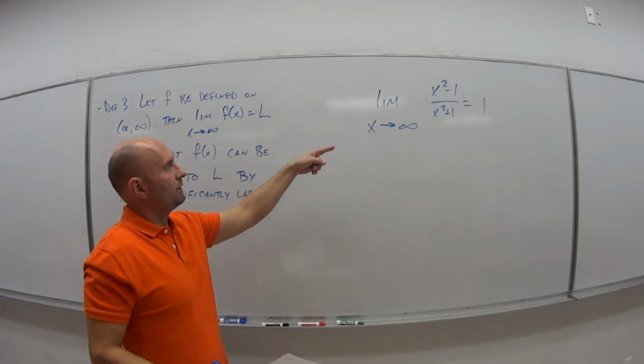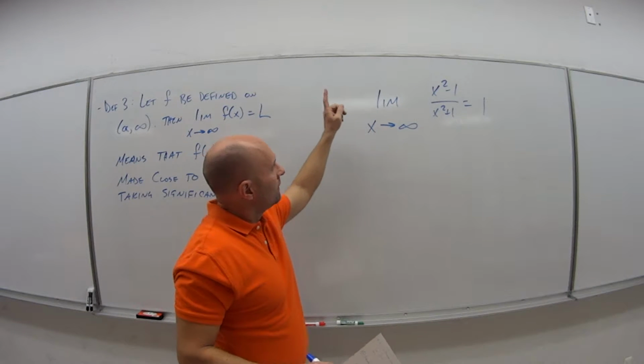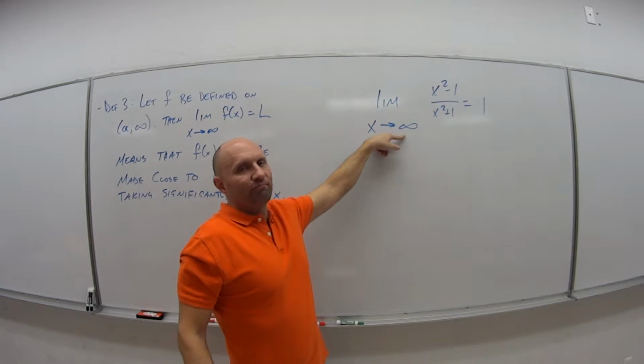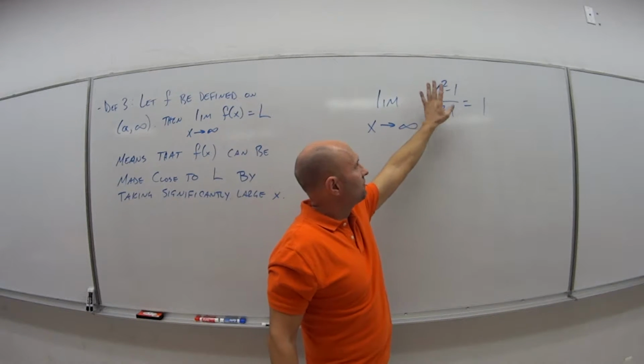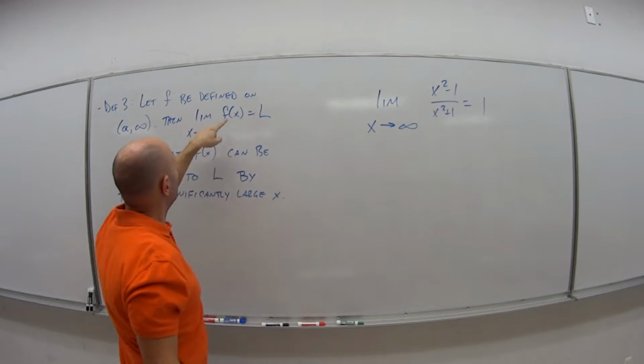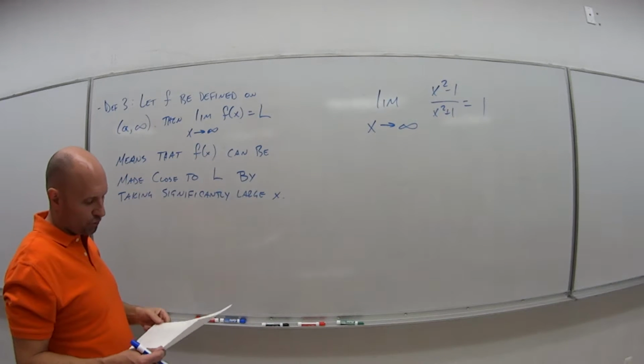So kind of like that example I just showed you. As x gets significantly large, i.e. goes to infinity, this function gets close to this value L, in that case 1.